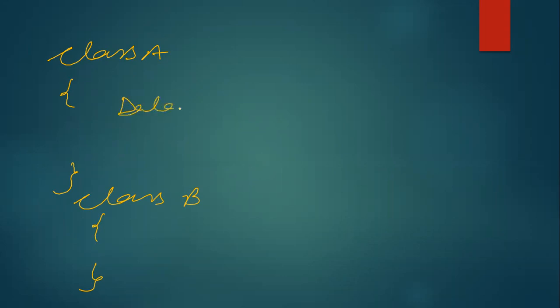So suppose this is class A, and let us consider there is a class B. If we have described something here, data or function, it's not worth describing the same data members and functions again in this class, because we have already declared them.